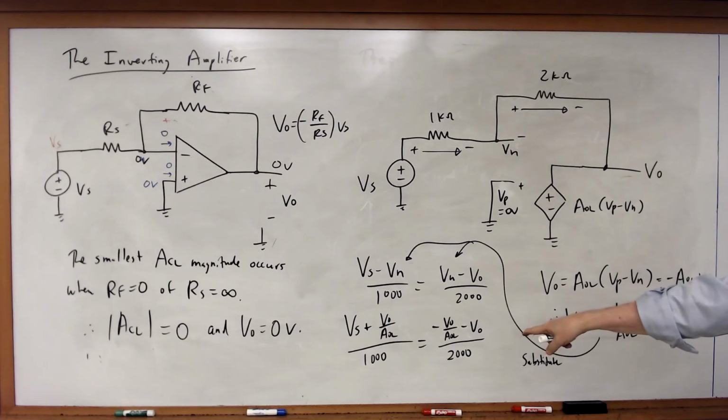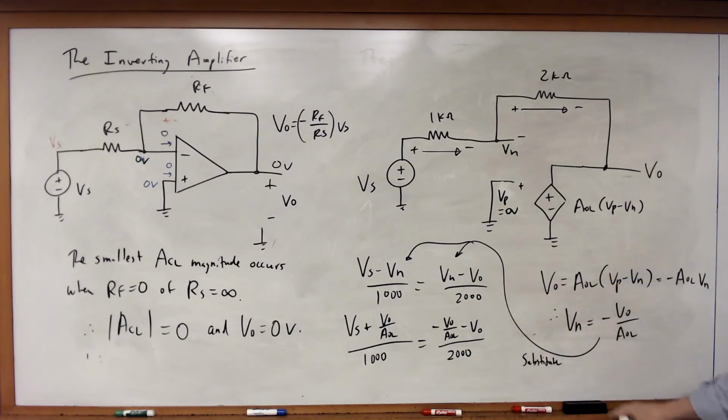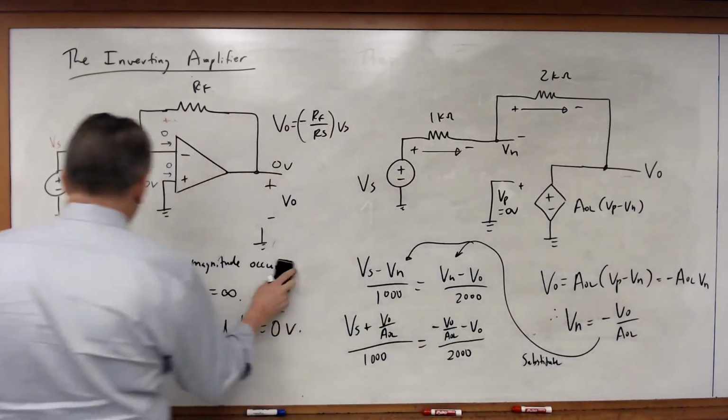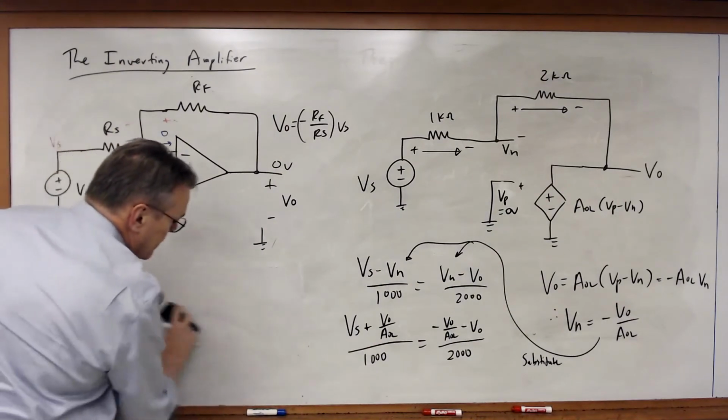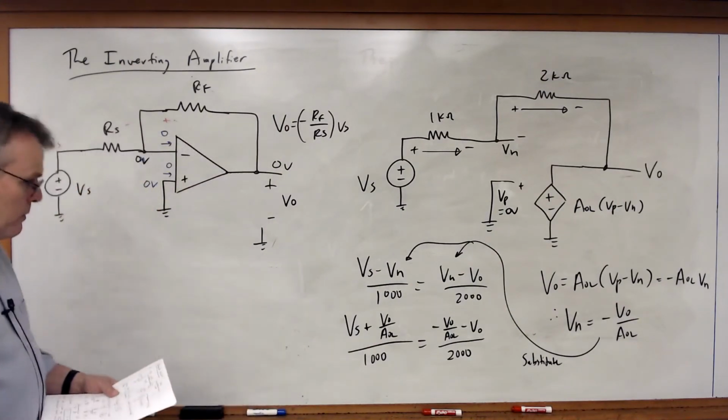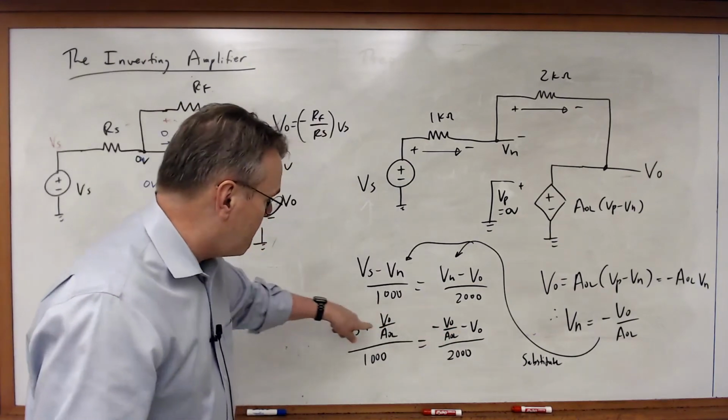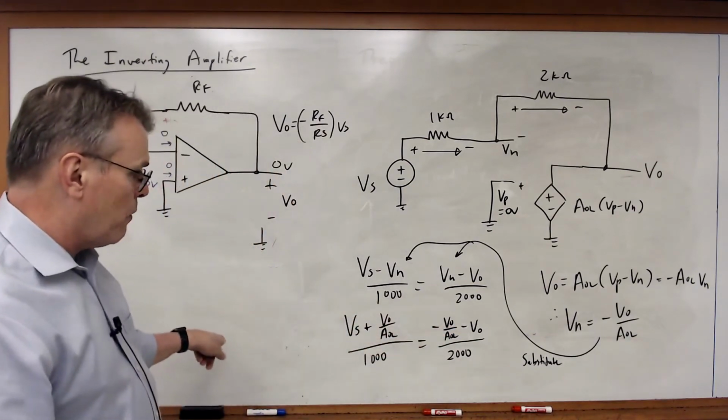Now that I've done this, let's rearrange some terms. I'm going to skip a couple of algebra steps here, but what I want to do is group together all of my V sub O terms on one side of the equation.